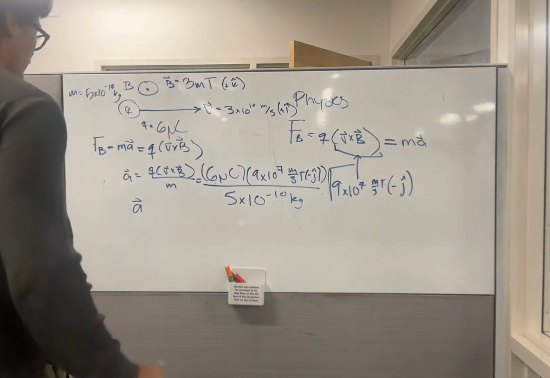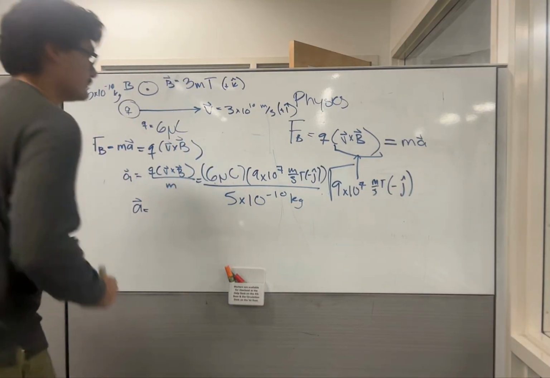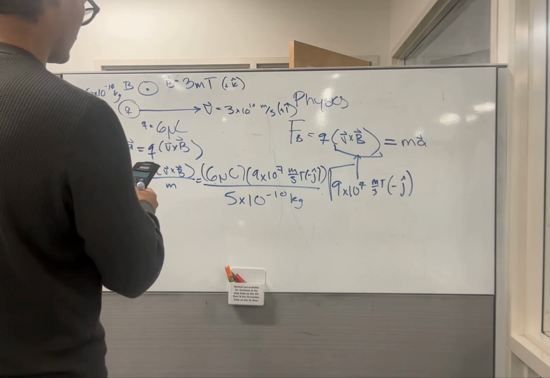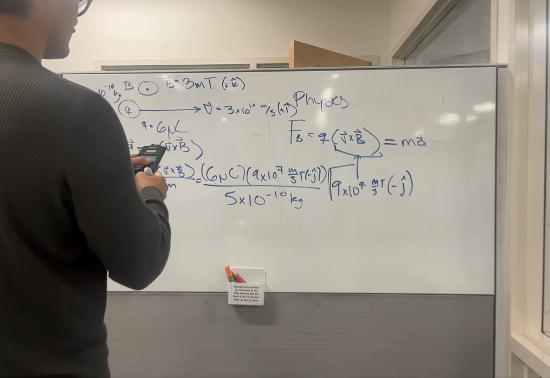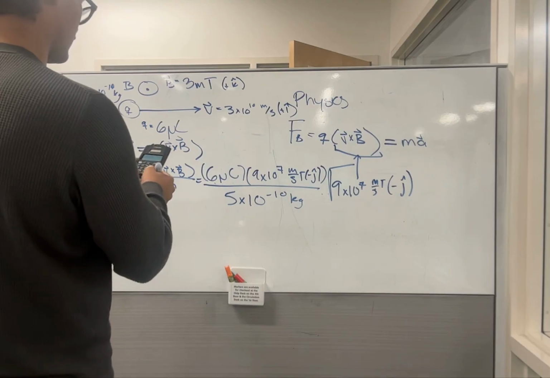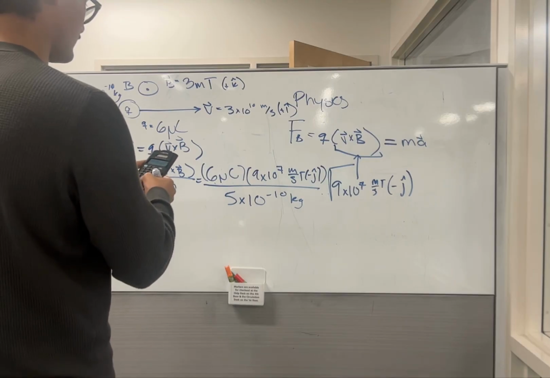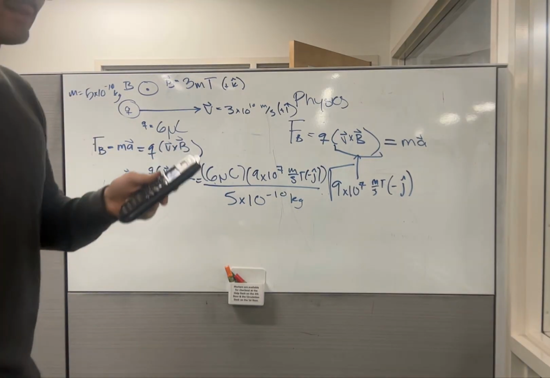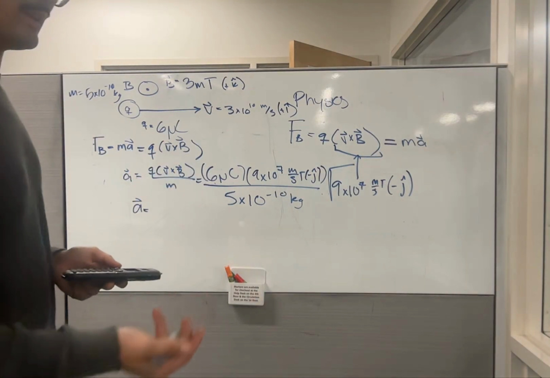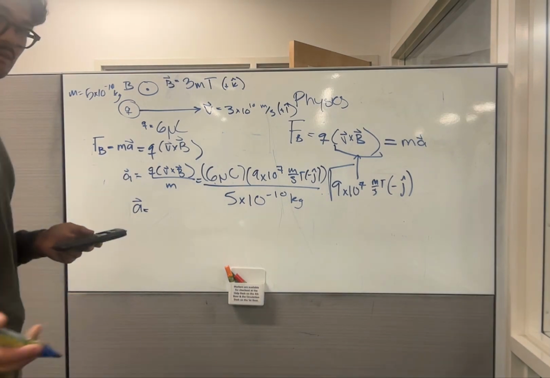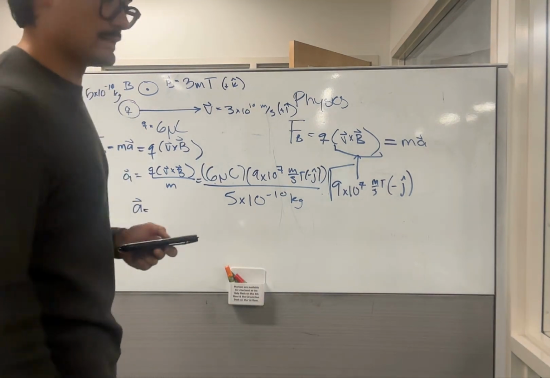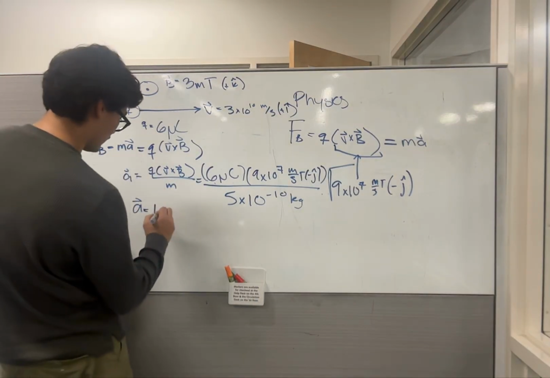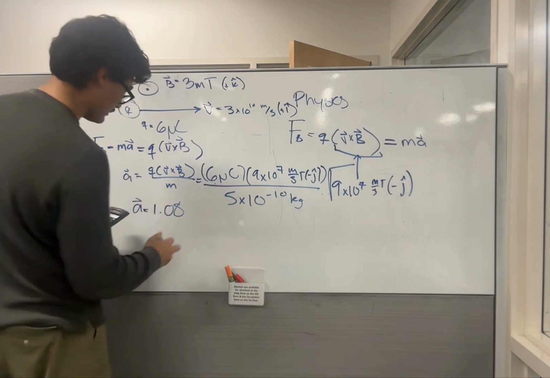Okay, so acceleration is equal to 6 times 10 to the negative 6 times this divided by 5 times 10 to the negative 10th, which gives us 1.08 times 10 to the 12th, which is like a million, I think. Makes sense because particles move really quick, especially when they are under a magnetic field or in a wire.